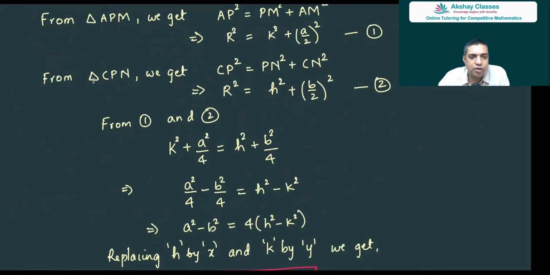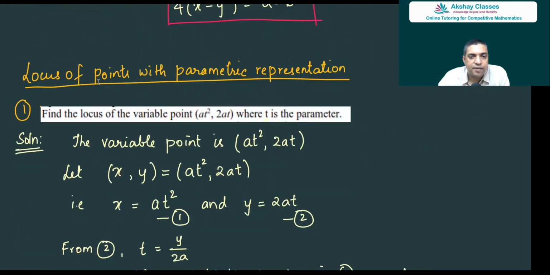Now, after doing all those problems, we are looking at another type of problem where a curve is represented simply by one point like this, (at², 2at). This represents a curve. You keep changing the values of t, you get points, and you plot those points, you will get a curve. So that is the locus, the set of moving points.